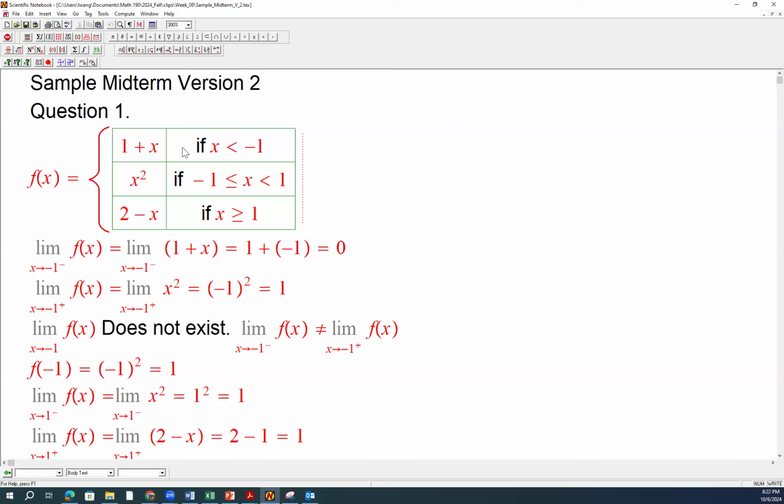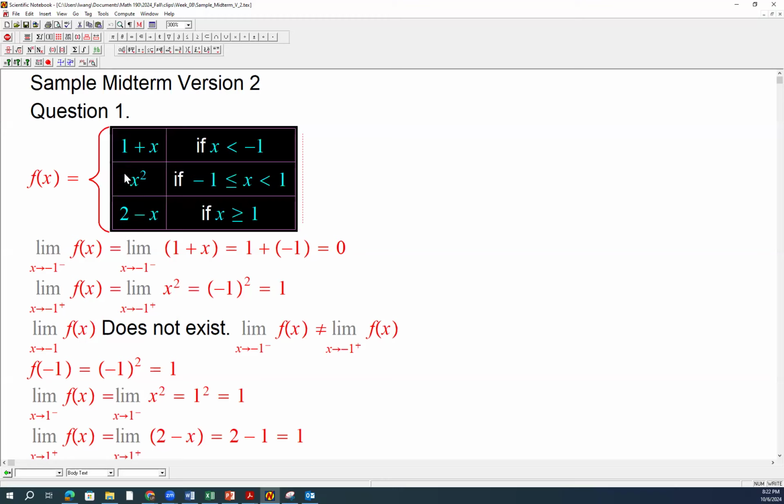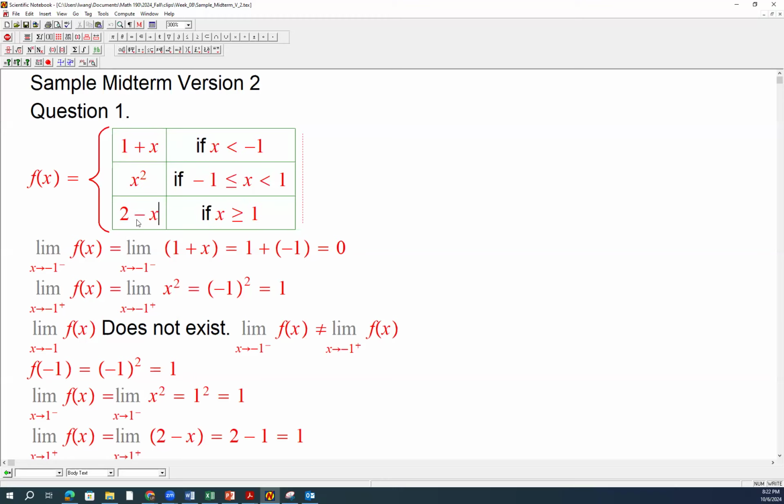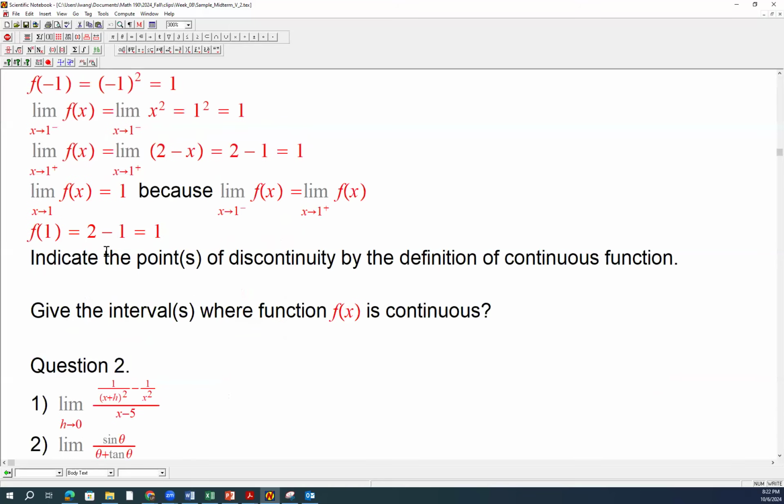In the piecewise function, we have 3 pieces. They're all polynomials: linear, quadratic, linear. So the only points of interest are -1 and +1. These 2 points are points of question.